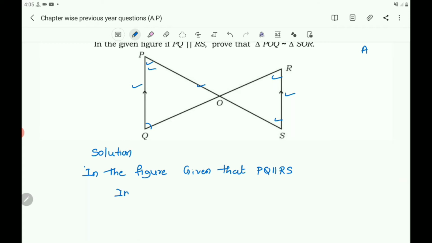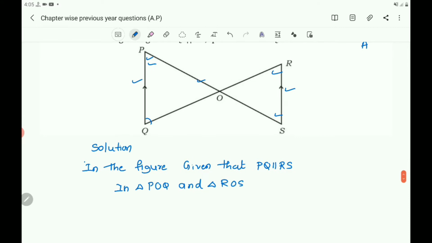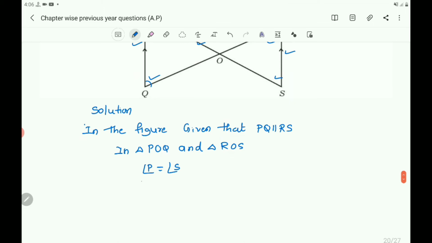Then you write in triangle POQ and triangle ROS, right here angle P is equals to angle S, and also you can write angle Q is equals to angle R. Given, what is the reason can be given here?